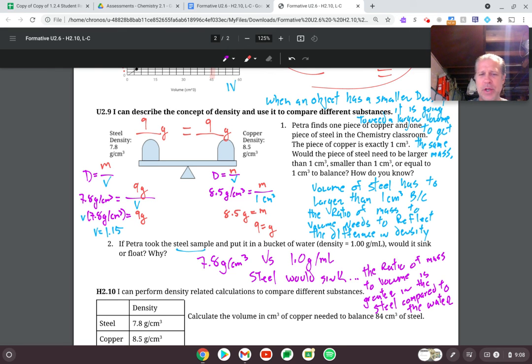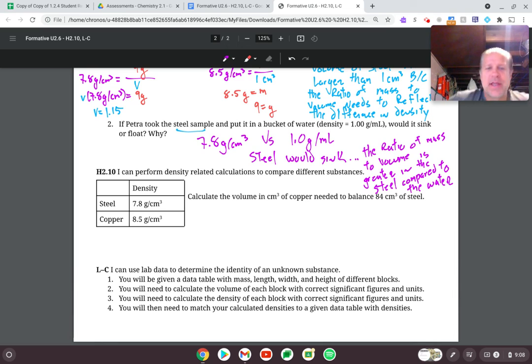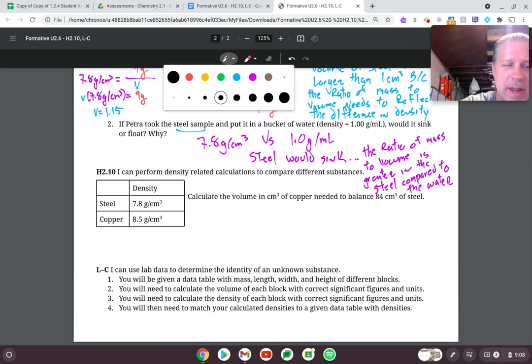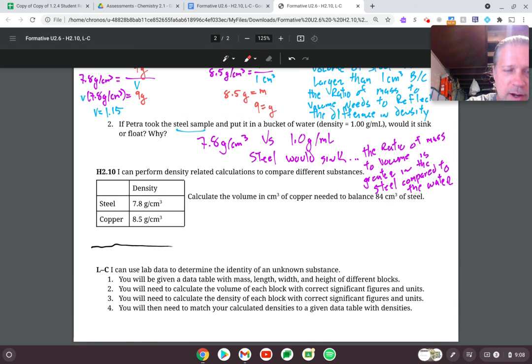And then the last question on here, it says calculate the volume in cubic centimeters of copper needed to balance 84 cubic centimeters of steel. So we're looking to calculate the volume, and we have to remember that when we're talking about something that's balancing, right? So we've got our teeter-totter here, we got our fulcrum, we have an object there and an object there.